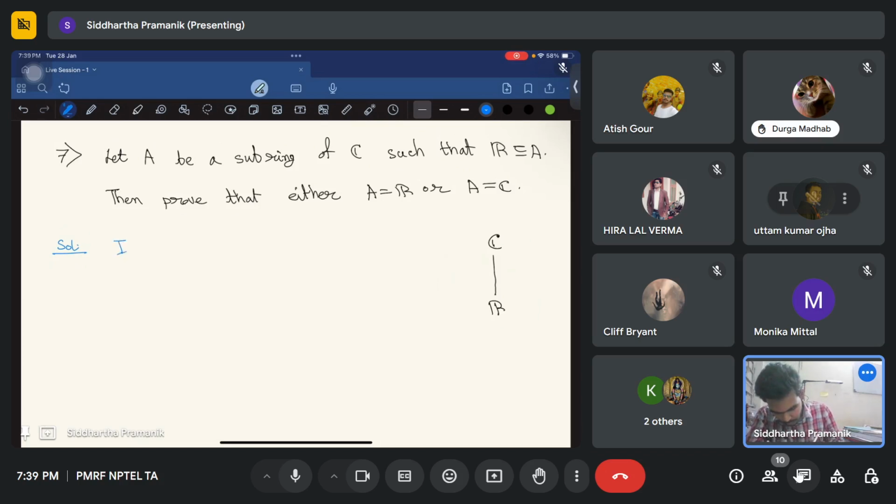So if A equals R, then there is nothing to prove, right?